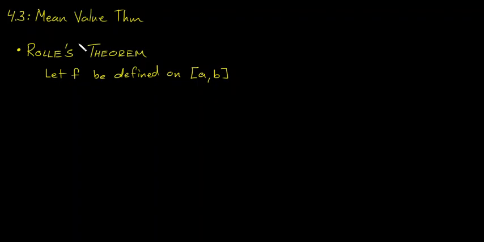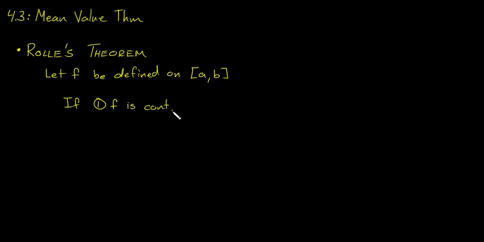Our if statement, our hypothesis, has three requirements that need to be met, so I'm going to number them. If, 1: if you give me a function that's defined from a to b and it's continuous, f is continuous.